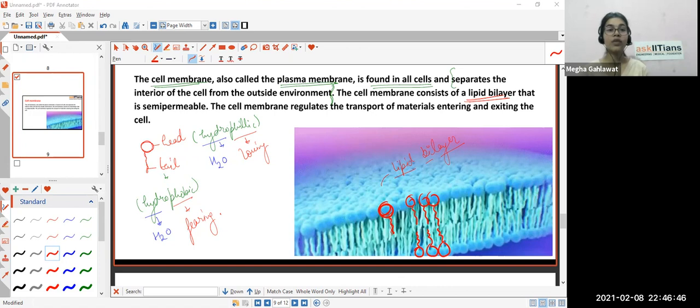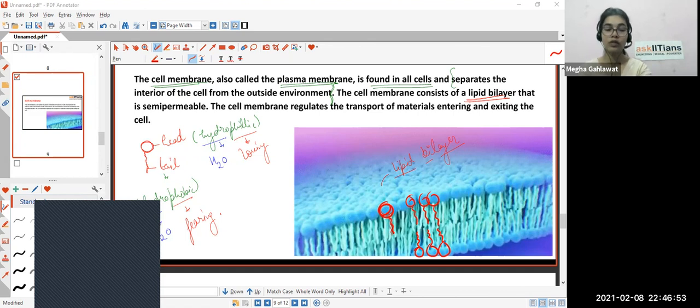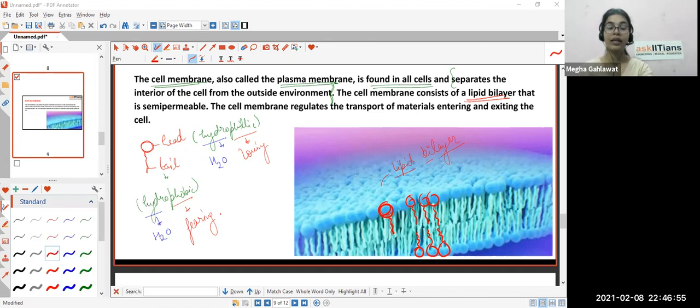Now it is very important for you to remember that the entire thing that we're talking about in the phospholipid or the plasma membrane is very, very important for controlling whatever components are going in and out of the cell. So this is very, very important. And this plasma membrane or the cell membrane, we'll be studying more about it.